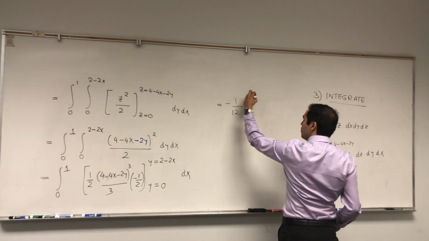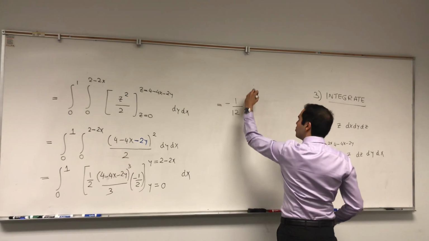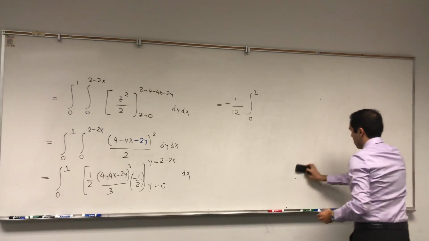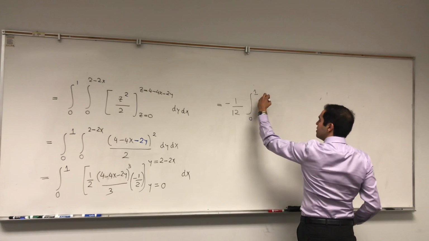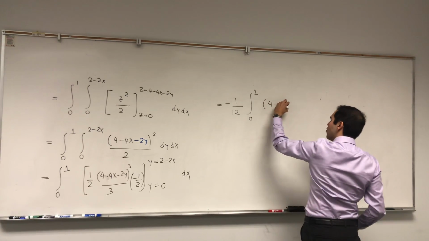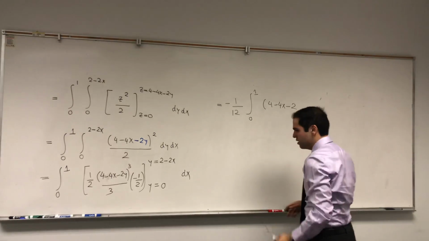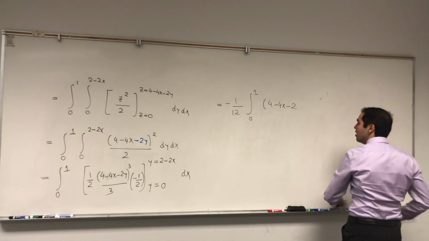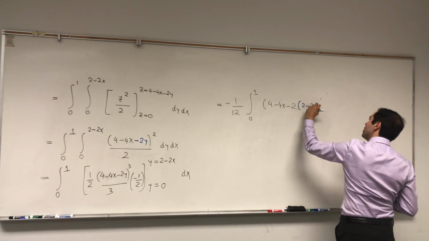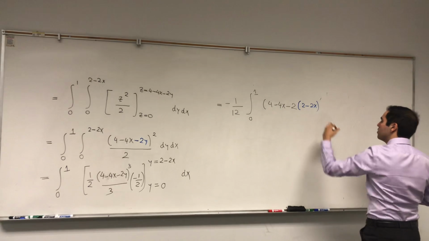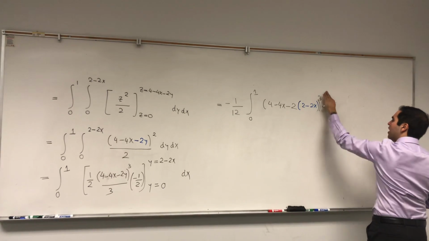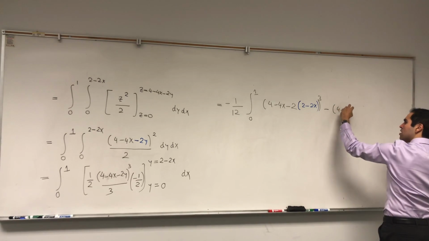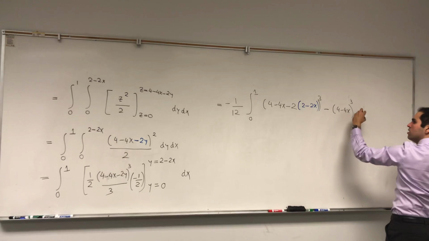of the integral from 0 to 1 of, you'll see there's a nice thing going on. So, let's see. 4 minus 4x minus 2 times, plug in y now, 2 minus 2x, cubed. And then minus this, so 4 minus 4x cubed, dx.